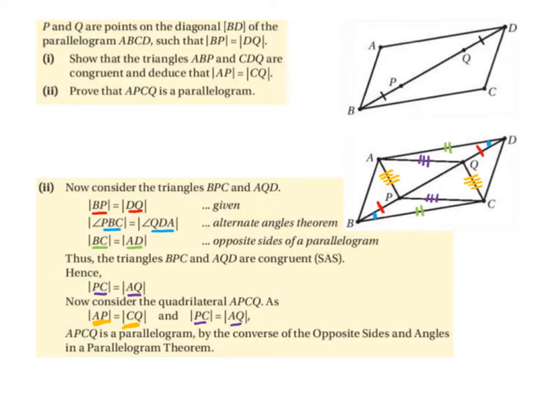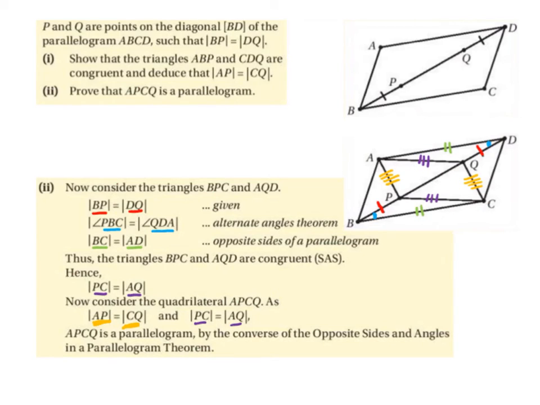Because basically, since we have proven that all the angles inside of the parallelogram are congruent, this triangle ABP is congruent to this triangle CQD, this triangle ADQ is congruent to this triangle PBC, and this triangle APQ is congruent to this triangle QCP.